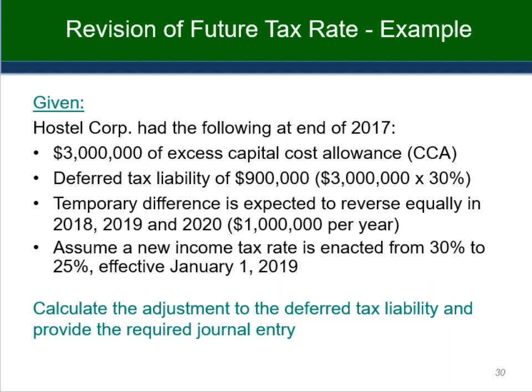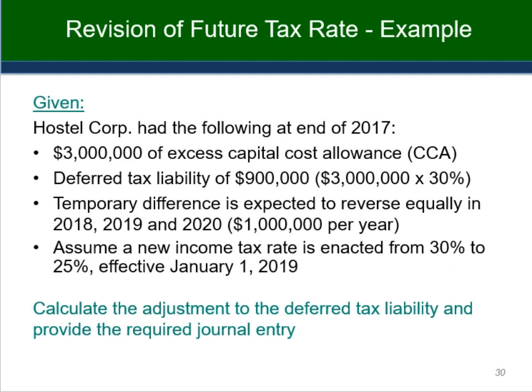The temporary difference is expected to reverse equally in 2018, 19, and 20. That would be a somewhat unusual situation since the amount of the declining balance is different each year. But let's assume that for ease of calculation. So 1 million of the temporary difference is going to reverse each year.